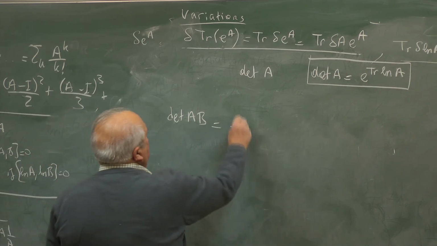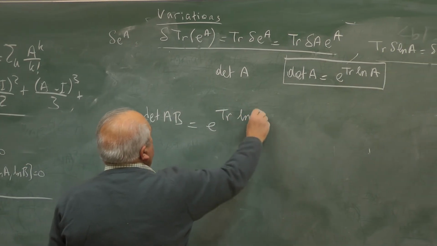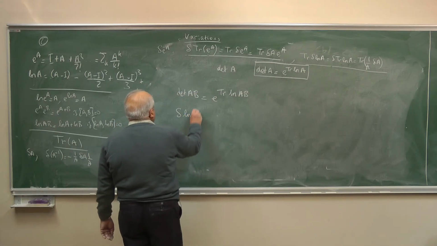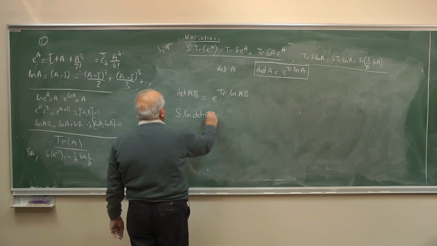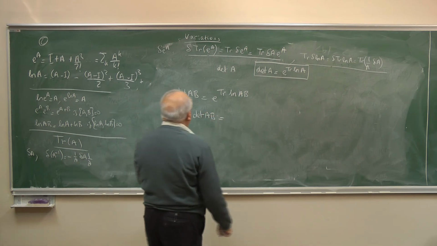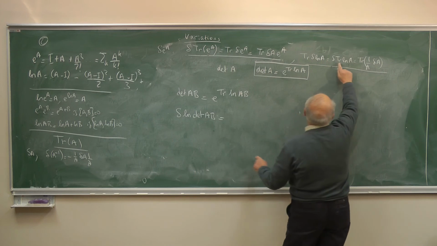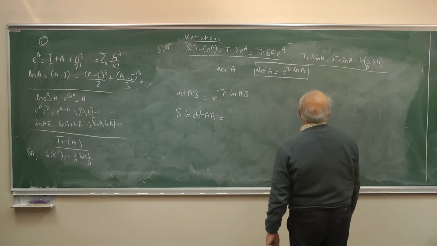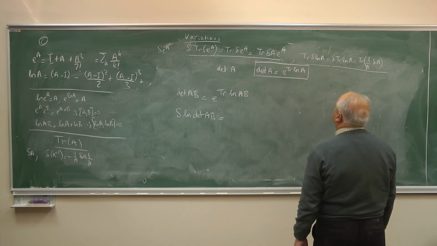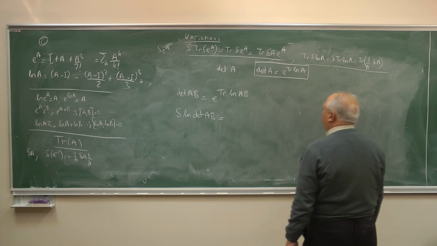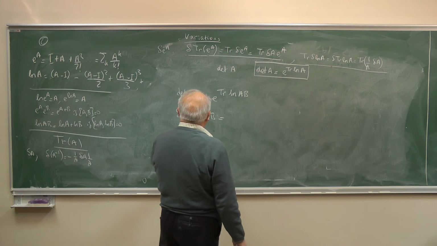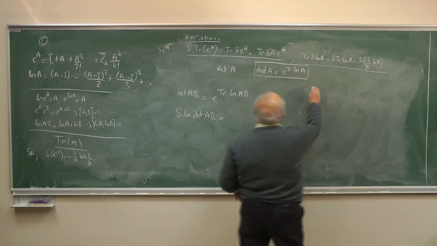This is equal to e to the trace log AB. Delta of log determinant AB is equal to, let's go from this formula. It seems I erased it. Let me write again.